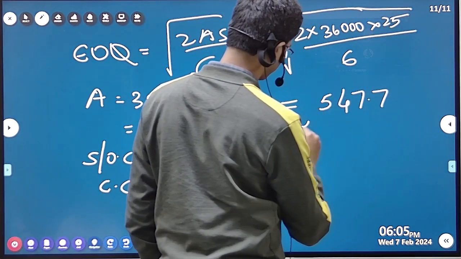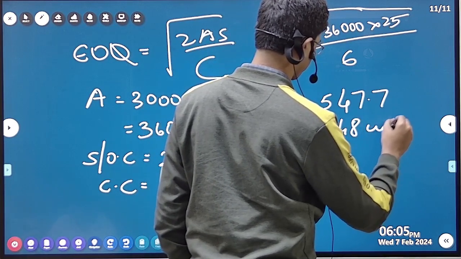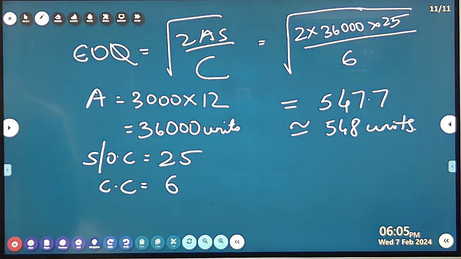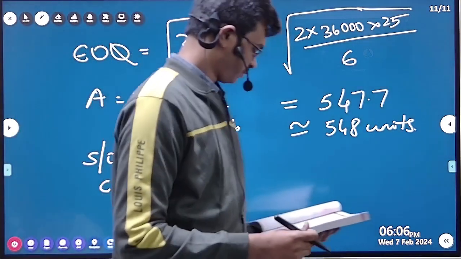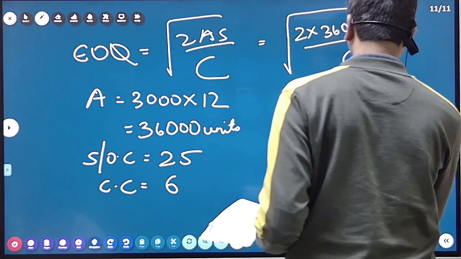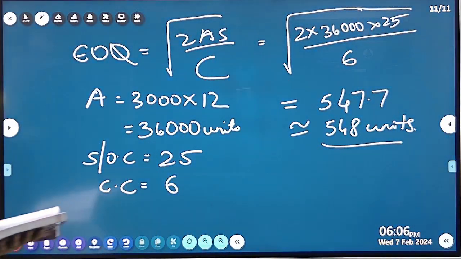You can approximate it to 548 units. Any questions up to here? Nothing? Yeah. Okay. So that is the first part of the problem. So at 548 units, you will have the least cost.